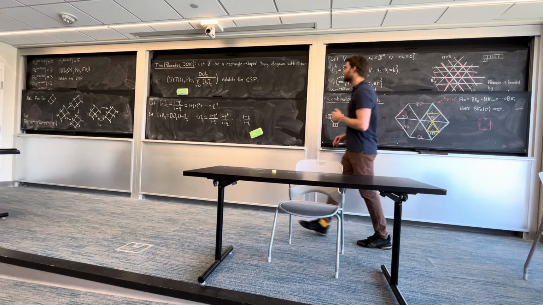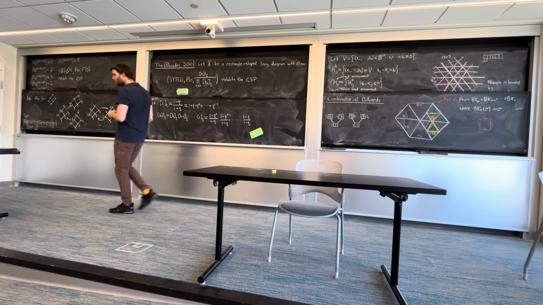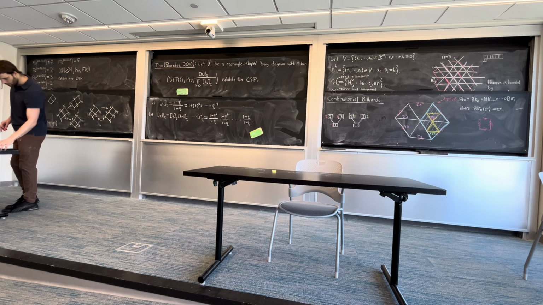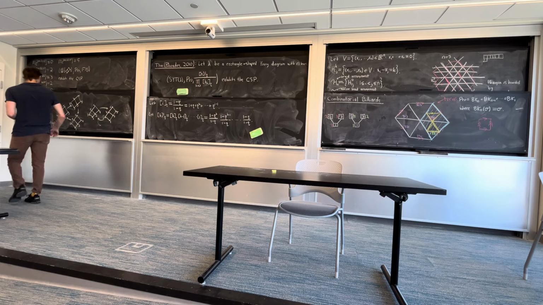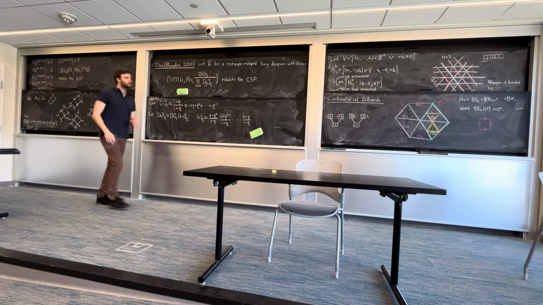And this leads to something that I call toric promotion, but I don't know if I have time to define it, maybe I can talk about it more next time.